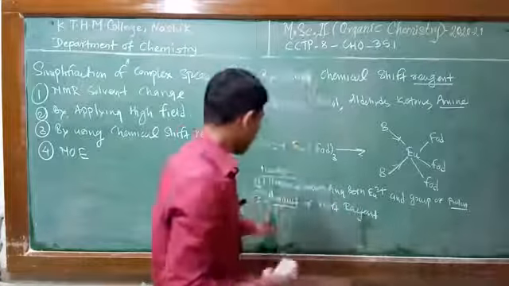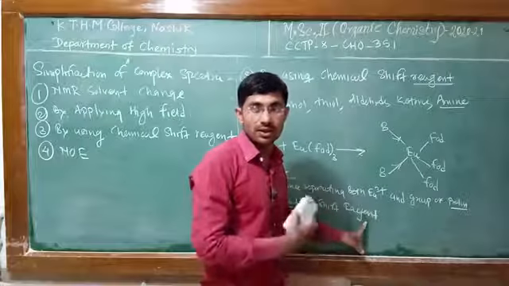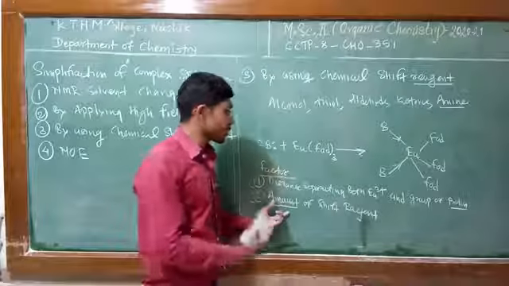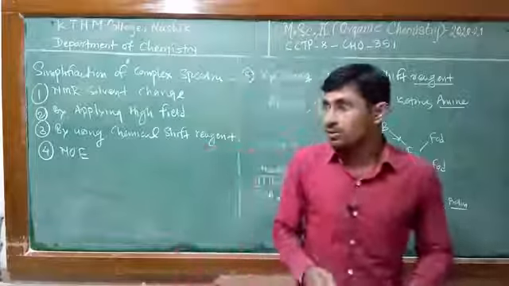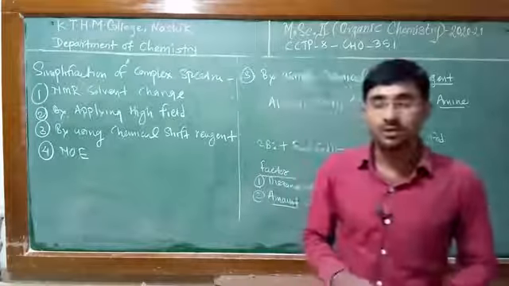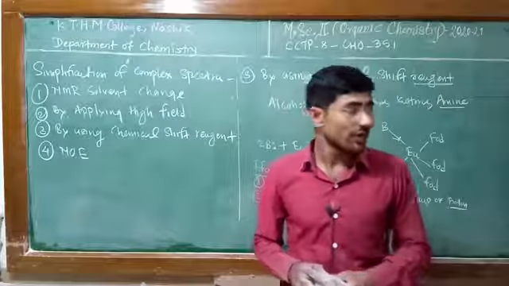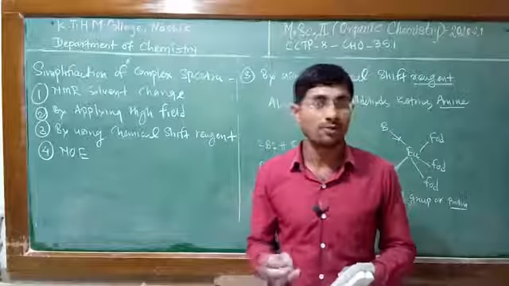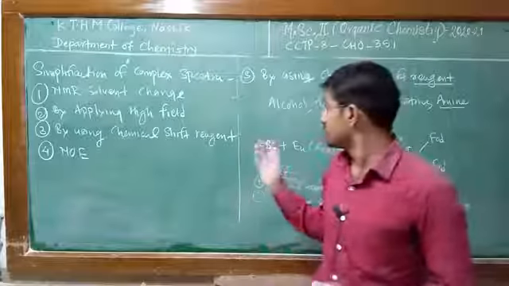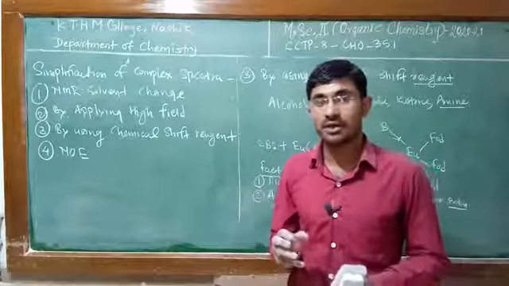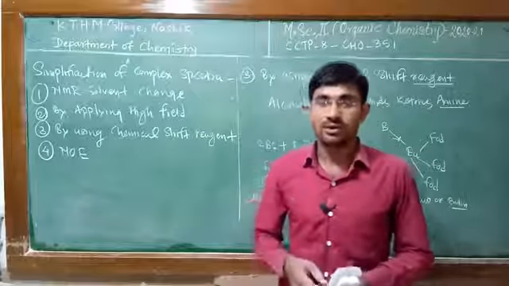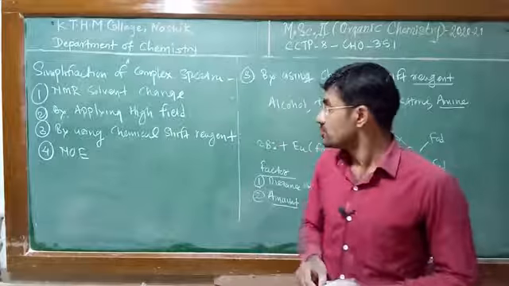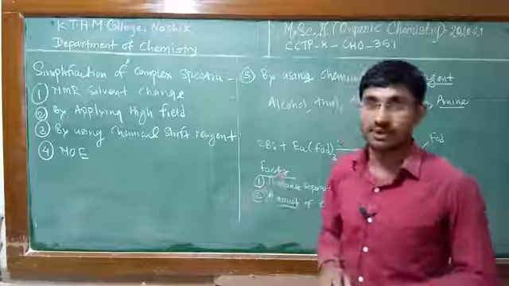So the amount of shift reagent is one of the dependencies. Because of that, when you record the spectra with the help of chemical shift reagent, how many moles, how many mole equivalents, or what molar concentration of shift reagent is added should be mentioned in the spectra.